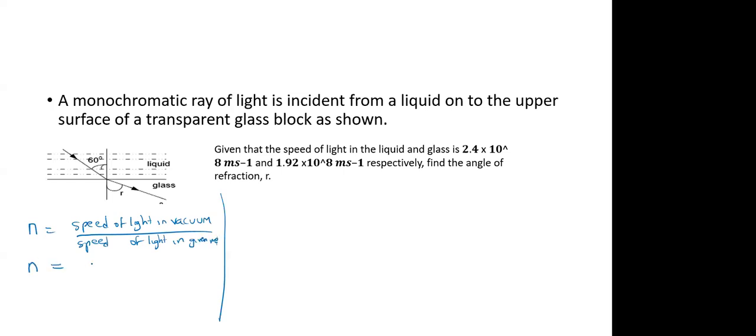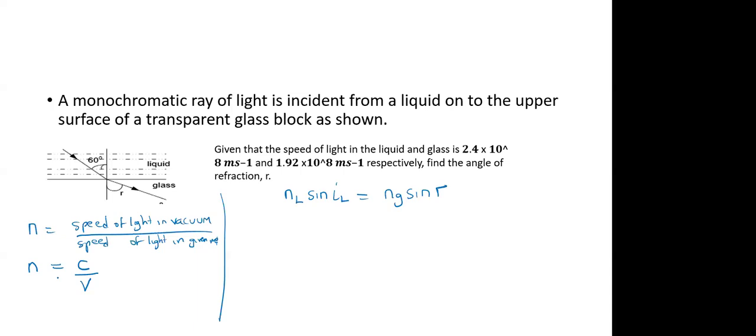In vacuum or in air, we use c, which means the speed of light in vacuum, and for the speed of light in any given medium we use v. Now, for such a case, our light was moving from the liquid, sine of the angle of incidence in the liquid, into entering glass, sine of r.